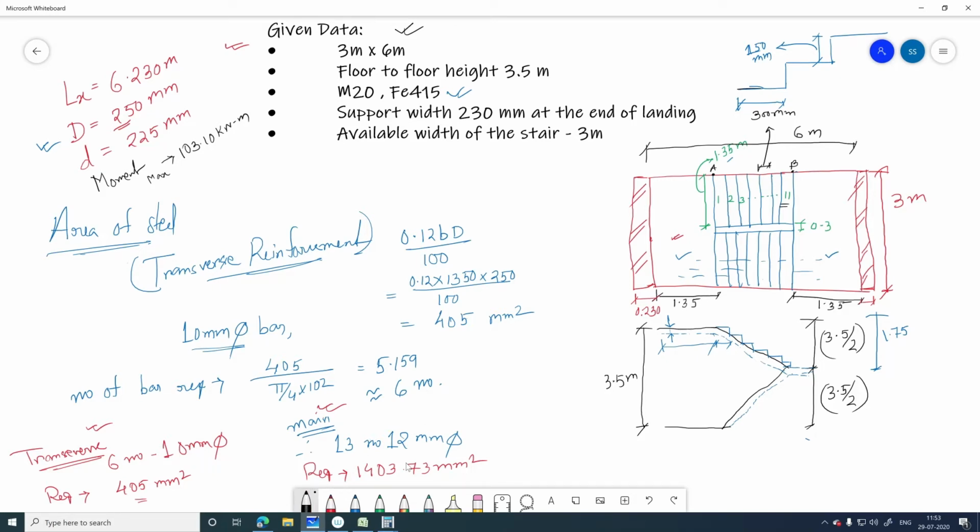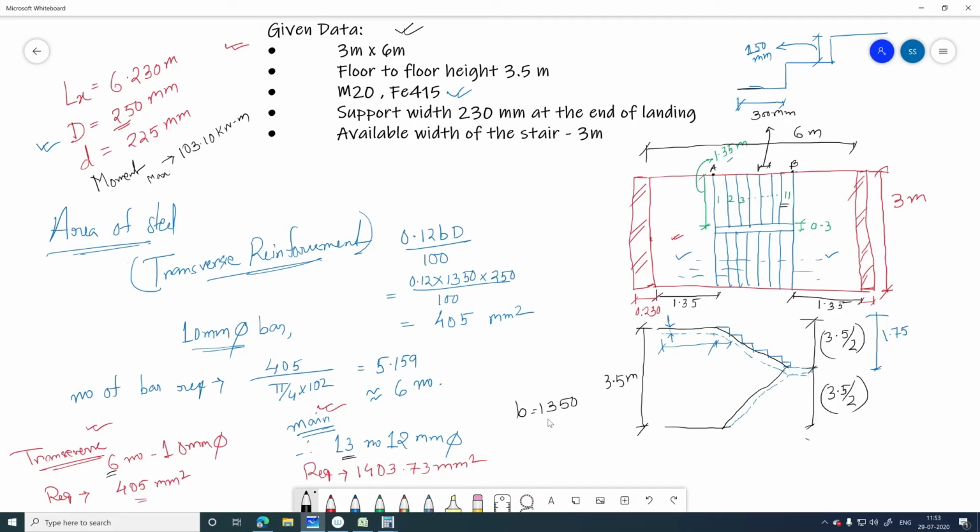You can also determine the spacing, because as you got the numbers of bars required, to determine the spacing is very simple. You know the value of B, so B is 1350, that is the length of a single flight.